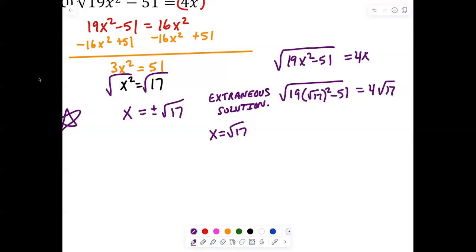Now I'm just doing what's inside. So I need some help. What's the square root of 17 squared? 17. All right. Now I need to do 19 times 17. What is that? 323 minus 51. What's that?